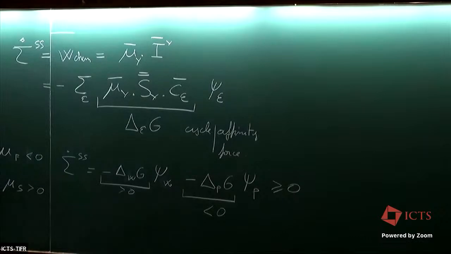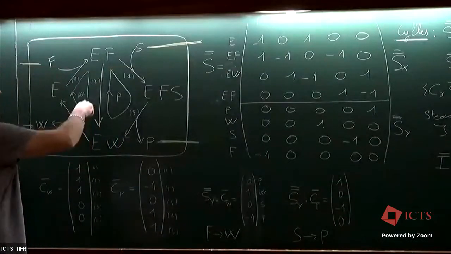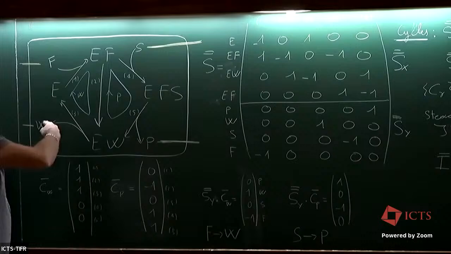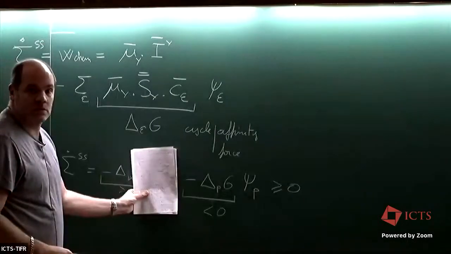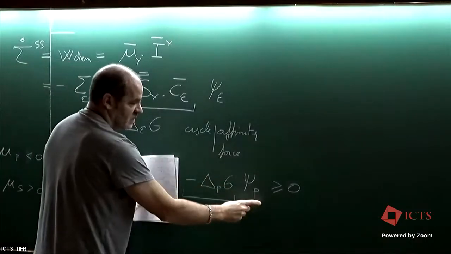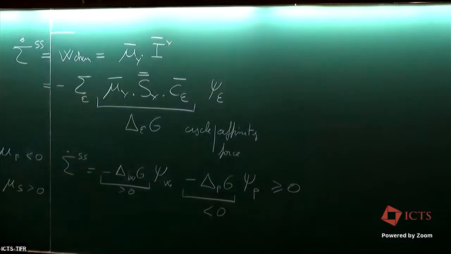This means that this cycle is running in that direction, clockwise. What would happen if the cycle P would be alone? Well, this is negative. This needs to be positive, so this needs to be negative too. So this cycle would have to run in the opposite direction.